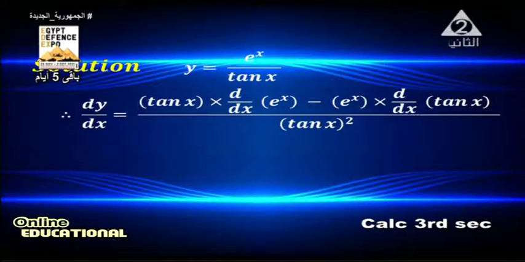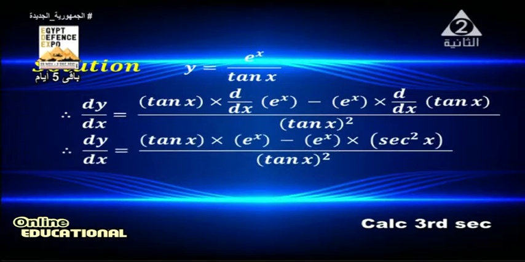Then dy dx equals tan x times derivative of e to the power x is e to the power x minus e to the power x multiply the derivative of tan x. Derivative of tan x equals sec power 2x all over tan x all power 2.